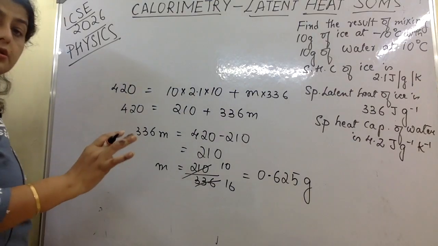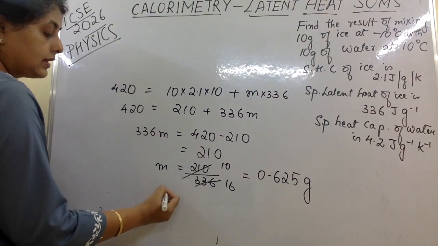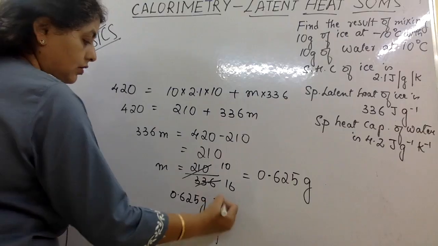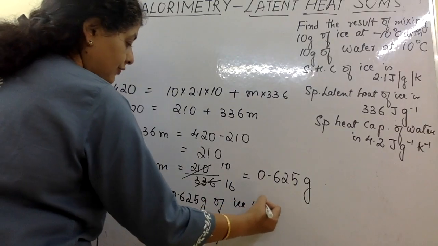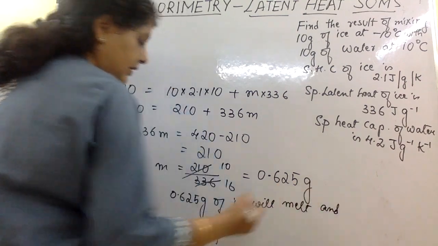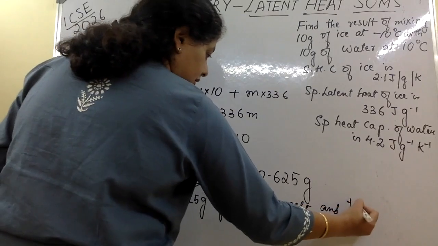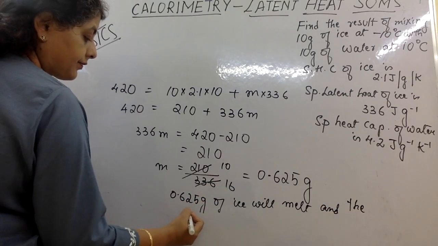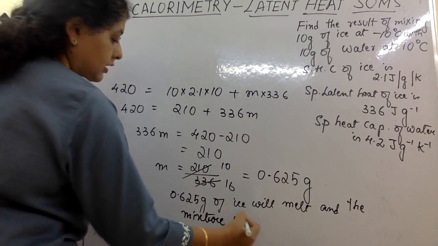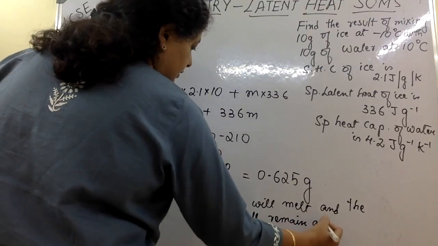And the mixture temperature will be 0 degree. So you have to write the answer like this: 0.625 grams of ice will melt, and the ice water mixture will remain at 0 degree.